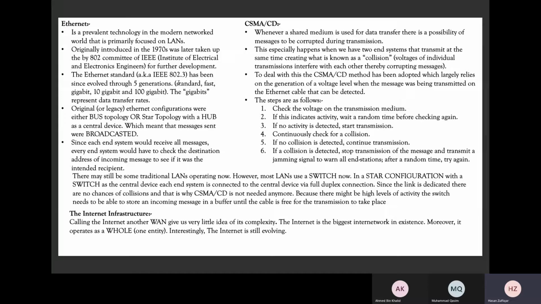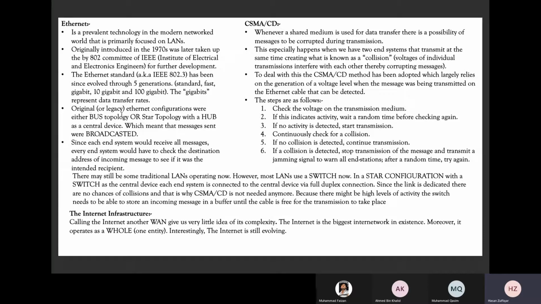It started off with the standard, then moved to fast, then gigabit, 10 gigabit, and 100 gigabit. The title of gigabits refers to how many bits per second it can transfer. As you can see here, the current standard allows a 100 gigabits per second data transfer rate. That's pretty high.